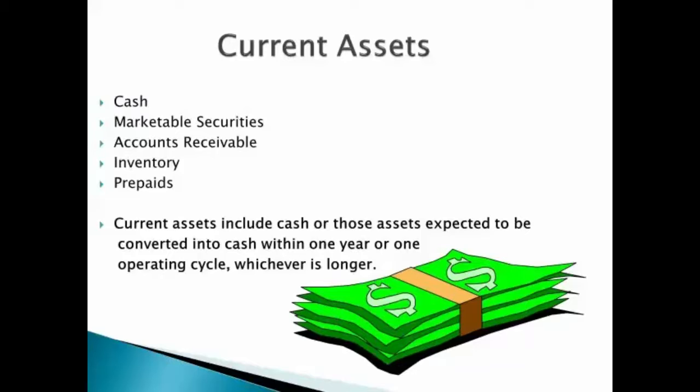So basically, that is current assets, and the definition is that they include cash and those assets expected to be converted into cash within 1 year or one operating cycle, whichever is longer. Now, it depends. Let's say you're Boeing and you're making an airplane.